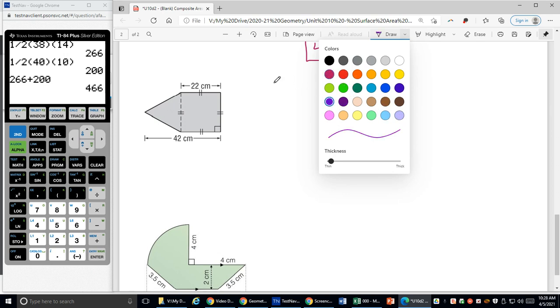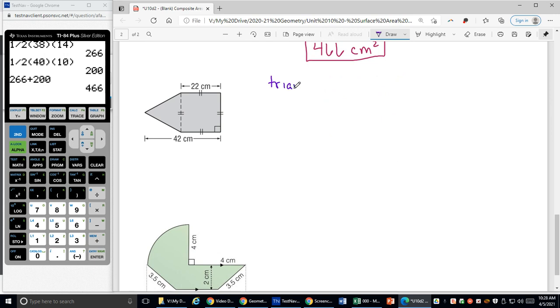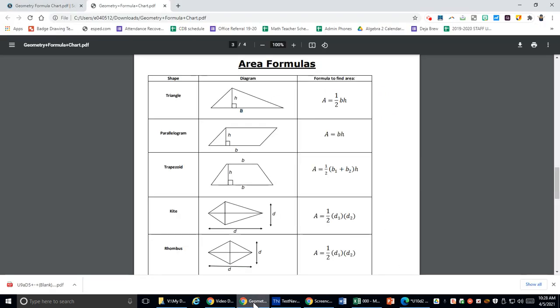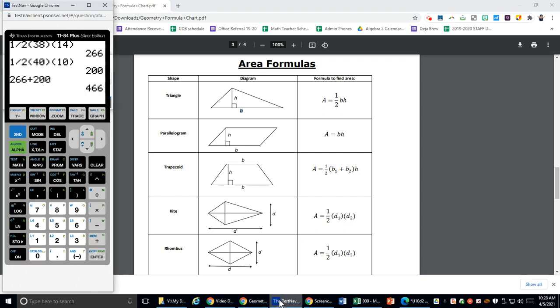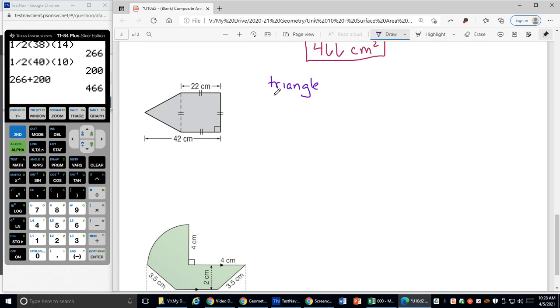So if I look at my triangle, we've already looked at our formula chart for triangle, but we could open it back up if we'd like to, and we see that a triangle is 1/2 base times height that have to come together at a 90-degree angle. Okay, 1/2 base times height.